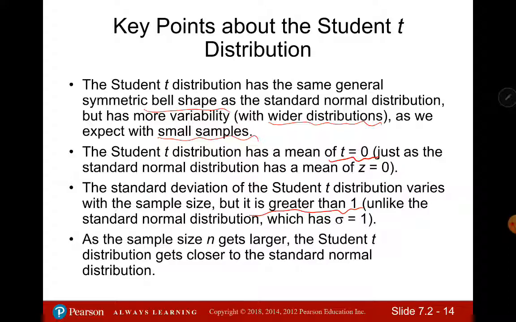It's greater than 1. And the n gets larger, then the t distribution will be very close to the z distribution. If n goes into infinity, then the t-distribution will be just like the z-distribution.